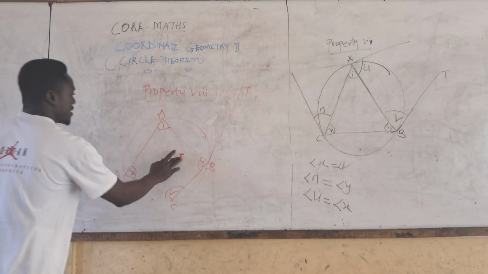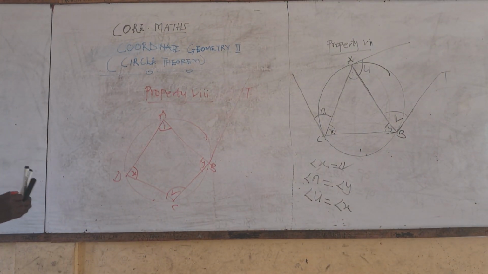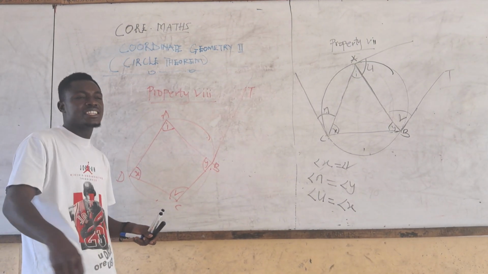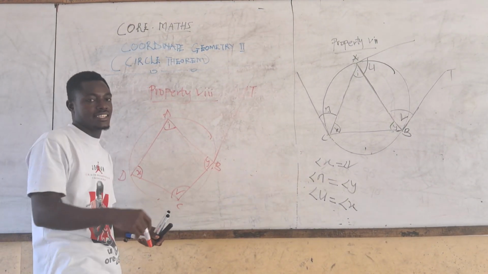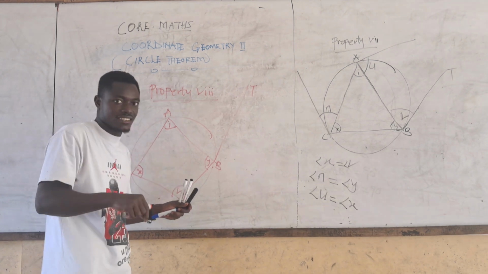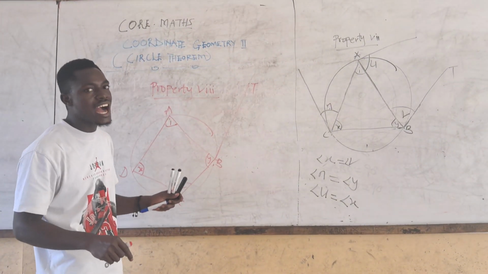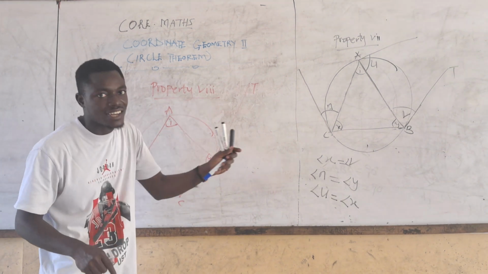So if you have this, the property says that the interior angle within a cyclic quadrilateral is equal to the exterior angle. These are the interior angles within a four-sided figure, within a cyclic quadrilateral. So we say the interior angle within a cyclic quadrilateral is equal to the opposite exterior angle.